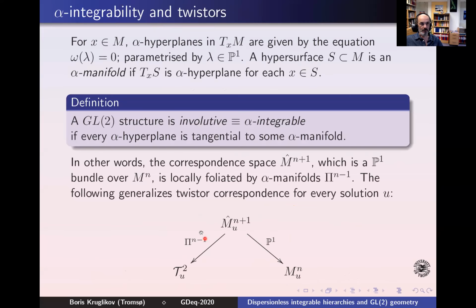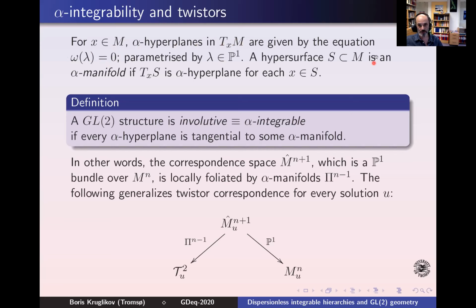Okay, so what is actually involutivity, or as Krynski called it, alpha integrability? We may just say it for manifolds. We don't need an actual equation at this point. If a manifold M possesses a GL2 structure, then at each point we have this equation: omega is a covector depending on lambda, a projective parameter. And so it has a one-parametric family of hyperplanes in the tangent space T_xM. They are called alpha hyperplanes.